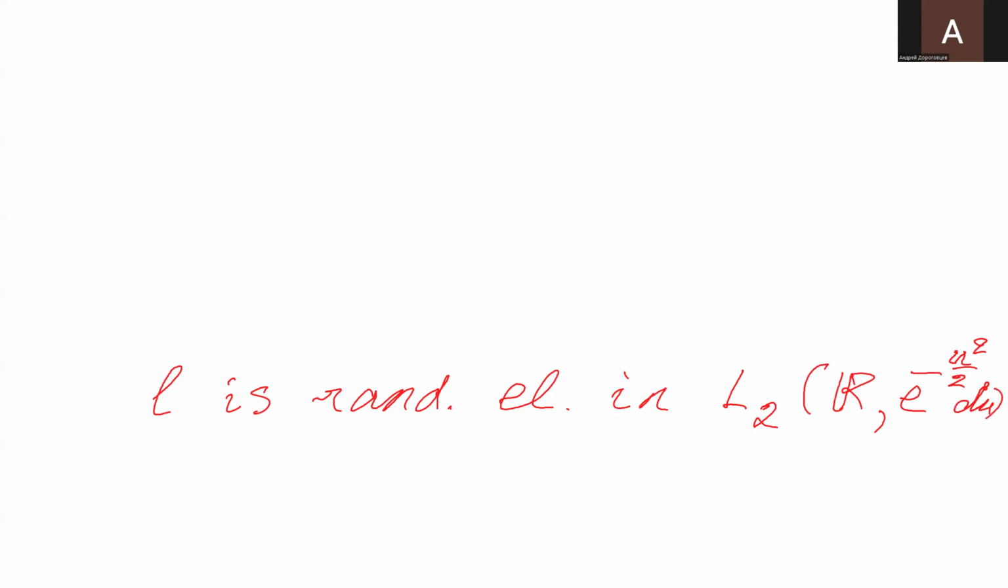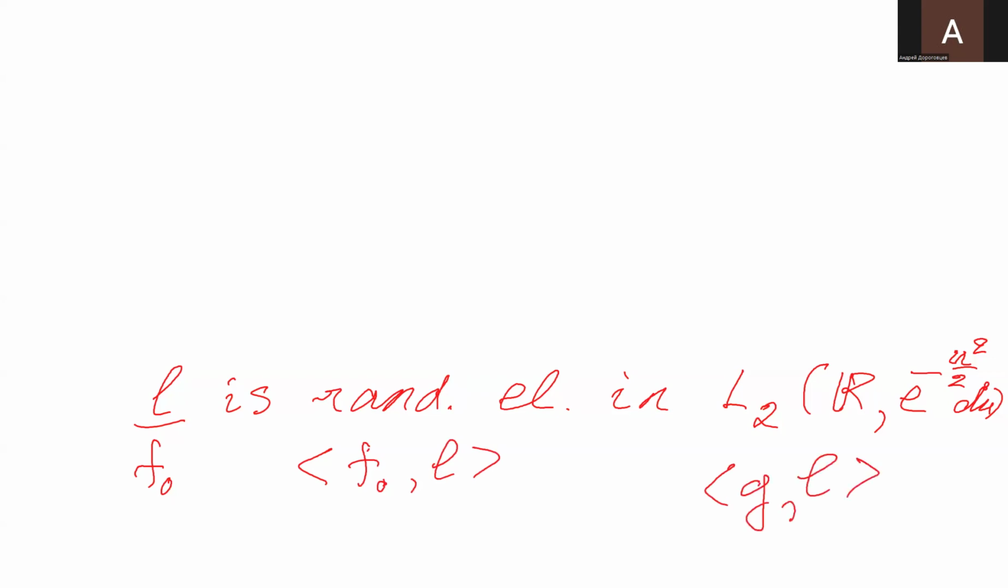Then, what is the problem? We have some vector f0 again from this Hilbert space. We have a random element here. We know this scalar product of f0 and L, and what we want to know is another scalar product, this one.